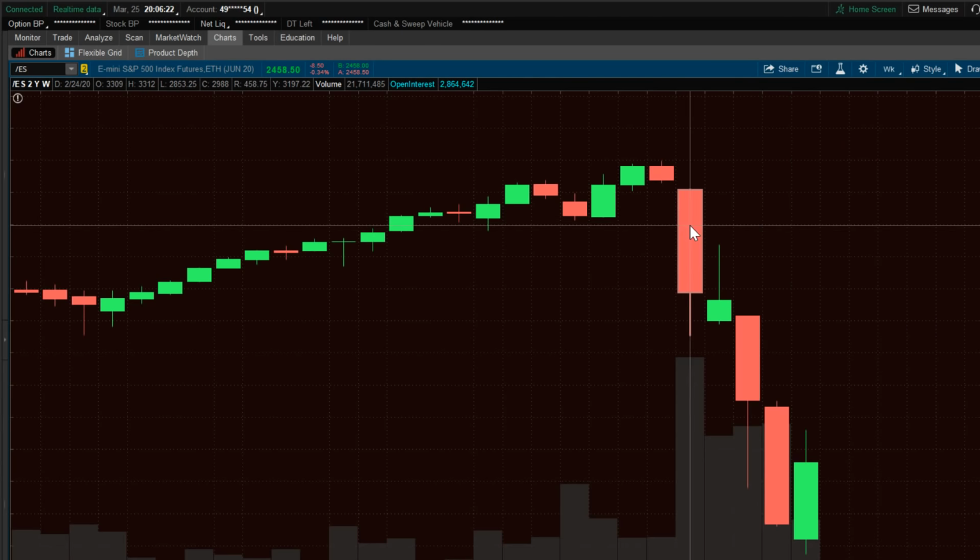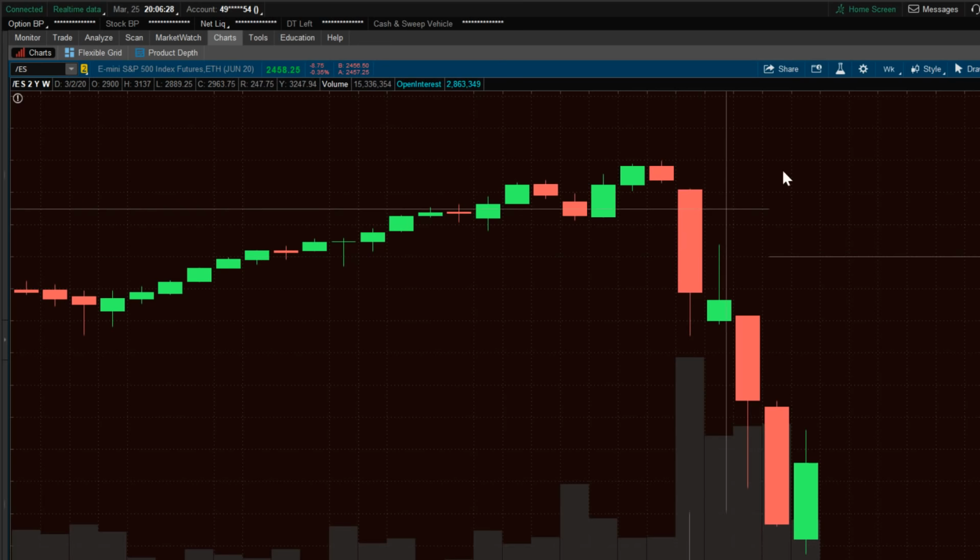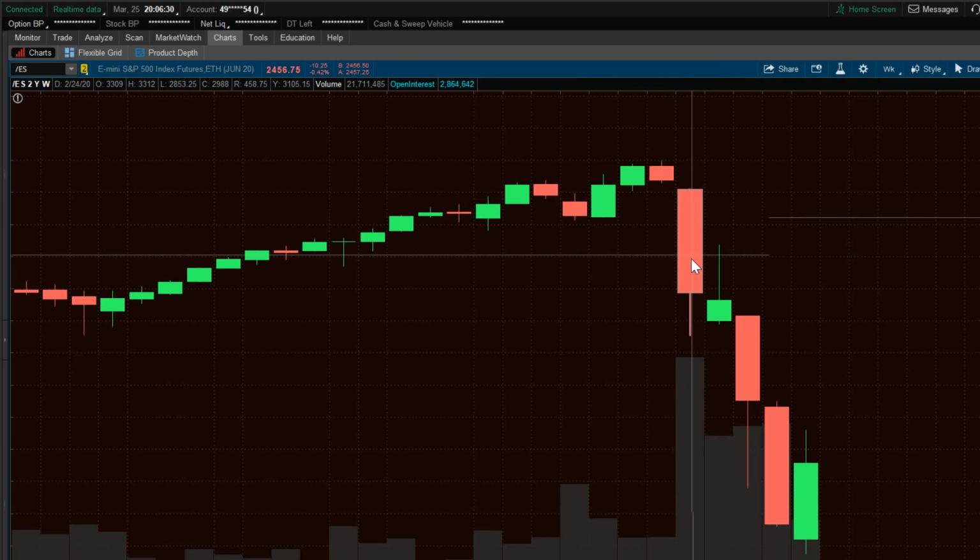So what does that mean? Every candle, this is what we call a candle, represents whatever time frame you're looking at. This is a weekly, so one candle represents 1 week. How these are formed: you have green candles and red candles. On a red candle, the open is at the top and the close is at the bottom. We call this a bearish candle.